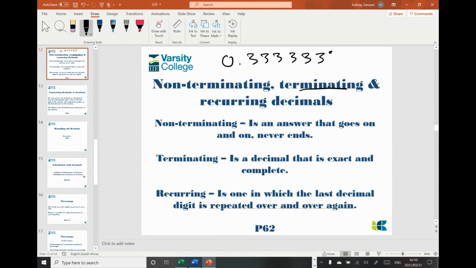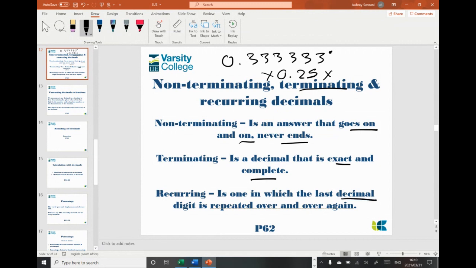Terminating, however, is where we have 0.25 and it ends there. Non-terminating is an answer that goes on and on, never ends. Terminating is a decimal that is exact and complete, as you saw over here.